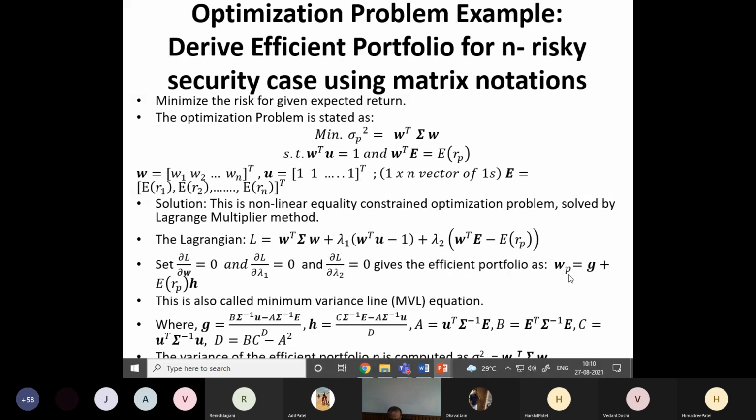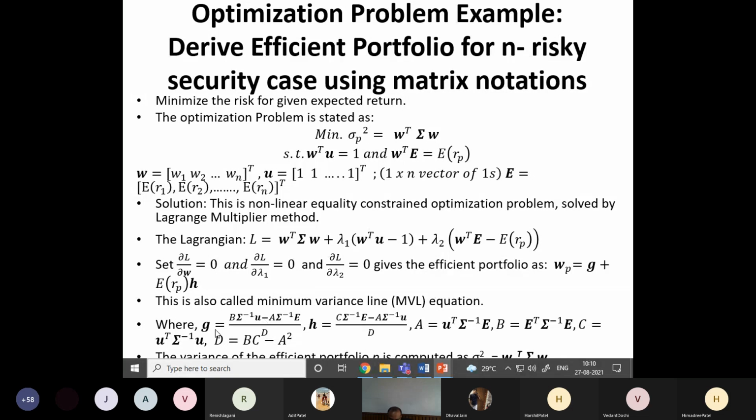You will find this optimized weight vector WP bar is equal to G bar plus ERP into H bar. You can see it will be a function of the specified expected return from portfolio. And it is a linear function of it because G bar and H bar come to be constant.